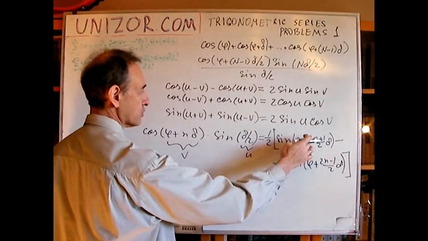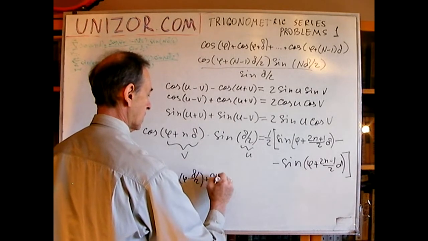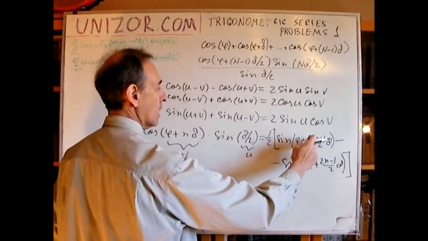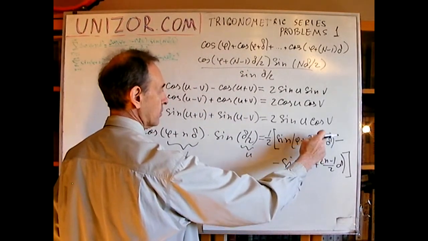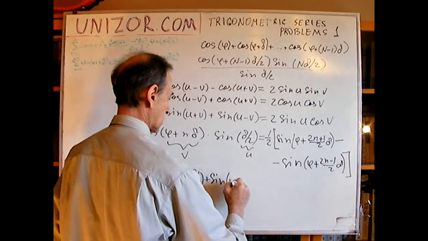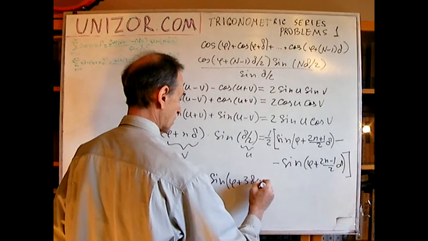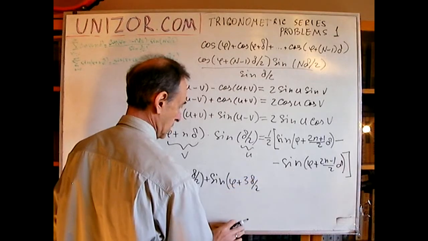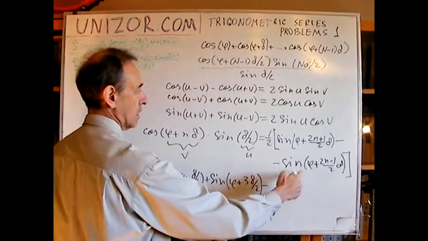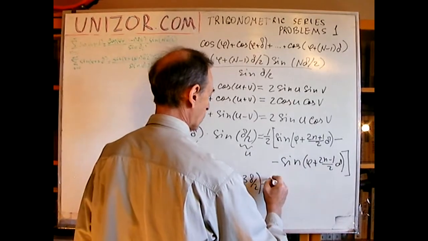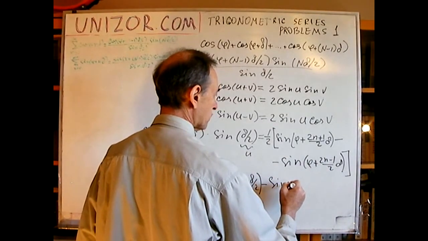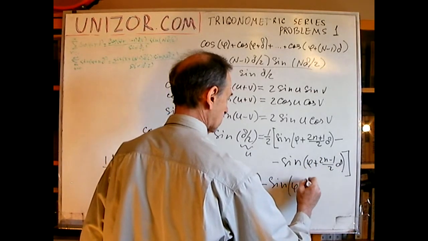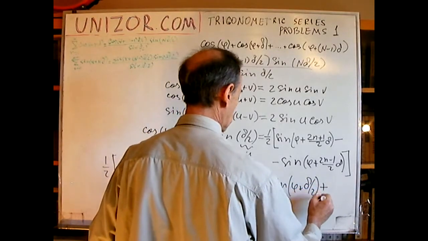Now, with n equal to 1, I have plus sine of phi plus delta plus half delta, so it's 3 delta over 2, minus sine of phi plus delta over 2, plus.